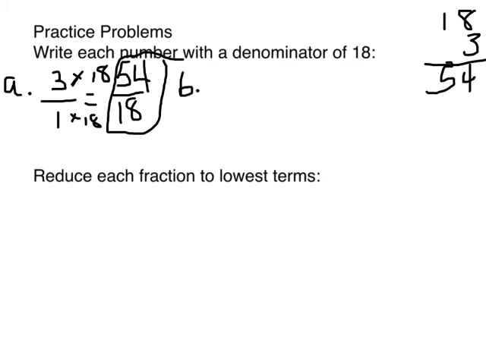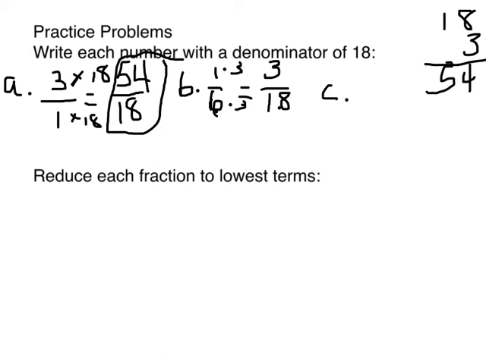Alright, B is 1/6 equals what over 18? What number times 6 will give me 18? 6 times 3. So I'm going to have to do 1 times 3, which is 3. And 3/18 is equivalent to 1/6.